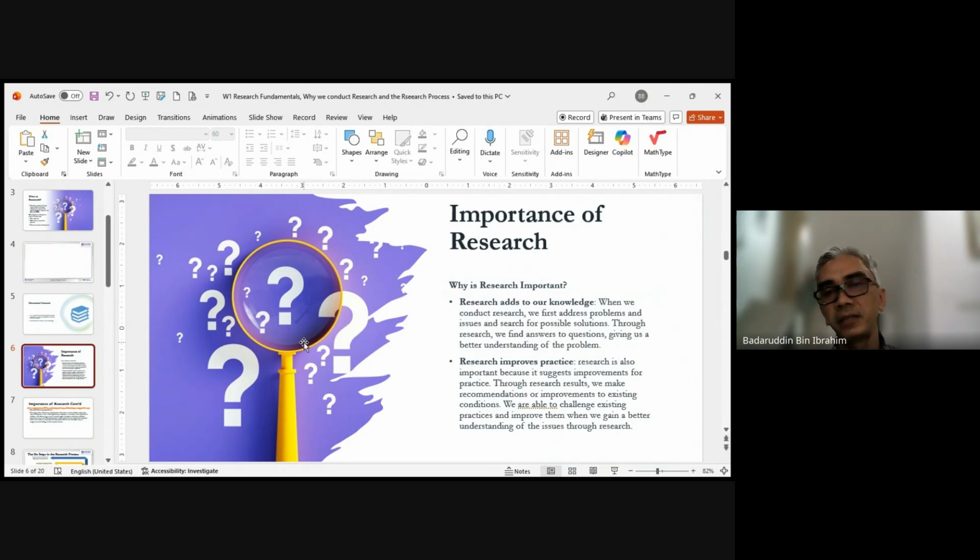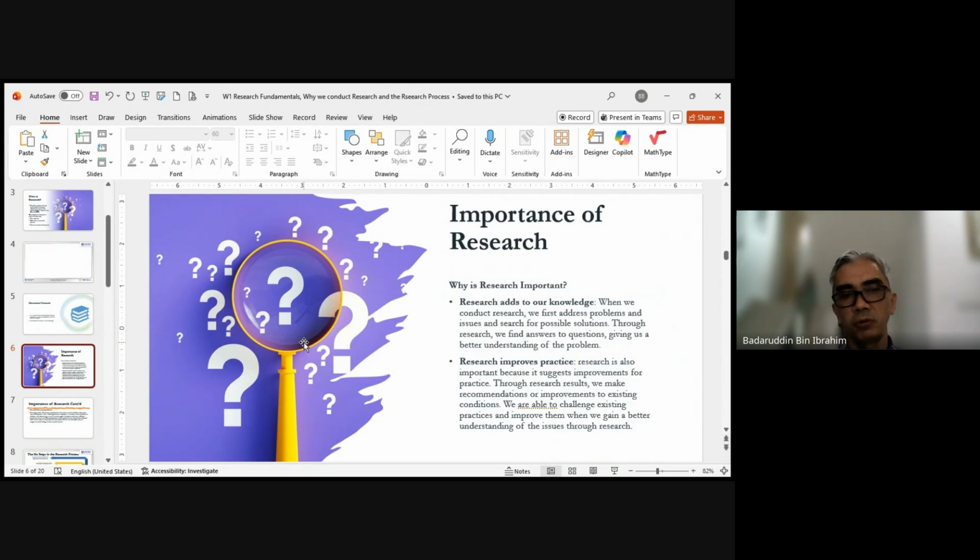The second one is that research improves practice. This is also important because it is an improvement for practice. Through research, we can make recommendations or improvements to existing conditions, as I mentioned earlier. So these are the two big reasons why we conduct research.